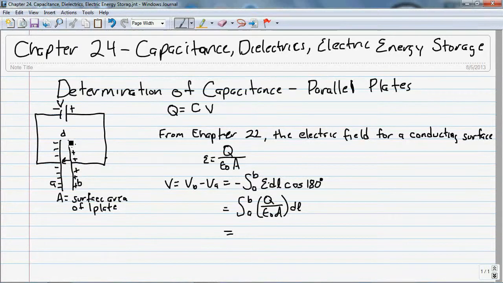So it's just the distance that the electric field is. So we have that the potential is equal to Q over epsilon naught A times D.